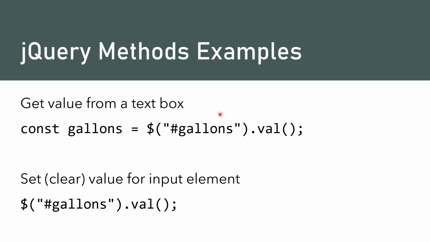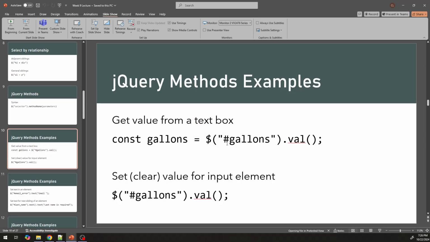So in this example, this is like considering that it's an input element and then taking whatever that value is and storing it in this constant gallons. But you can also use the value method to set a value, and this actually has a typo. I need quotes here.